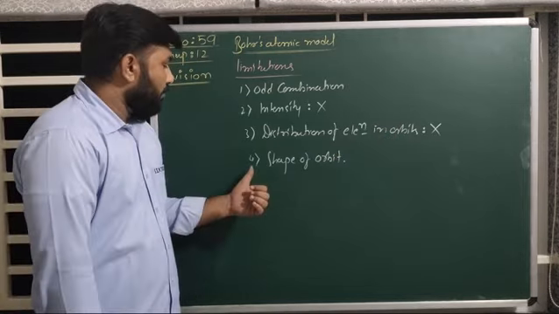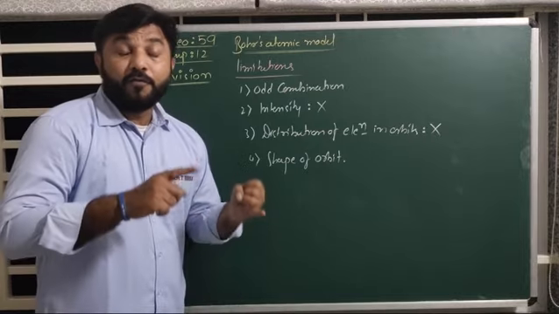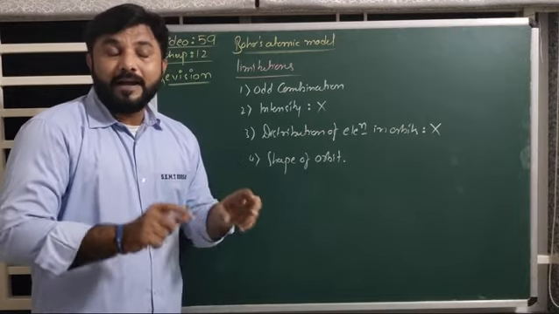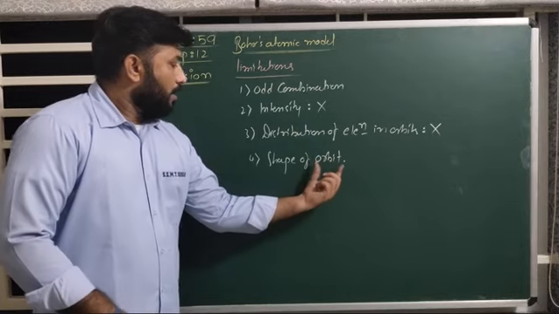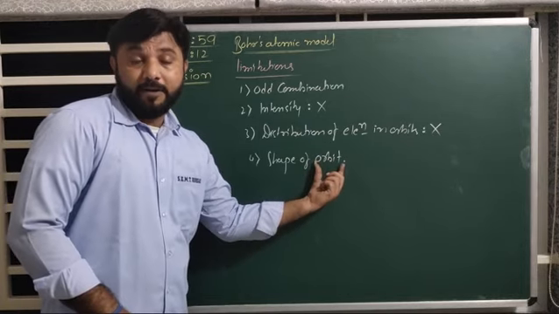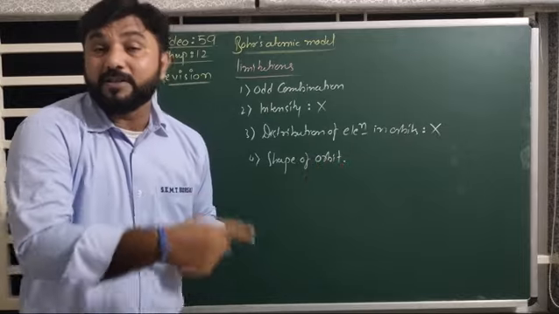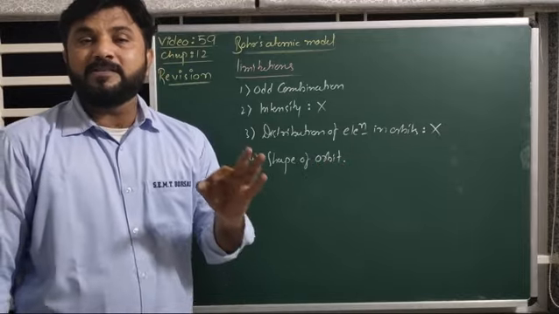Clear? And fourth one, from Bohr's atomic model, it is not confirmed that the shape of the stable orbit must be circular.